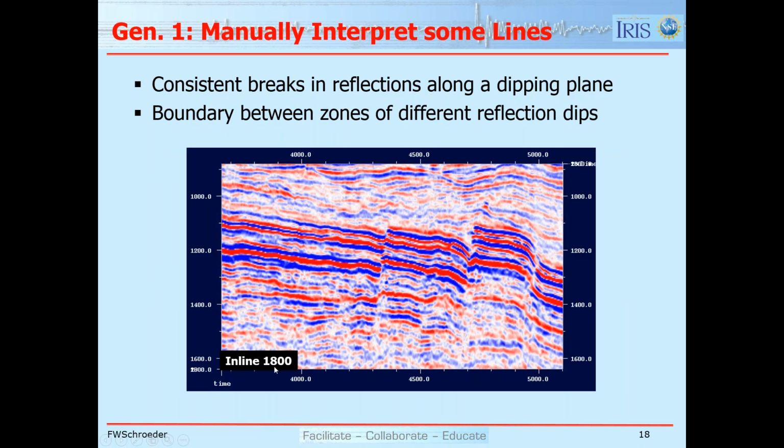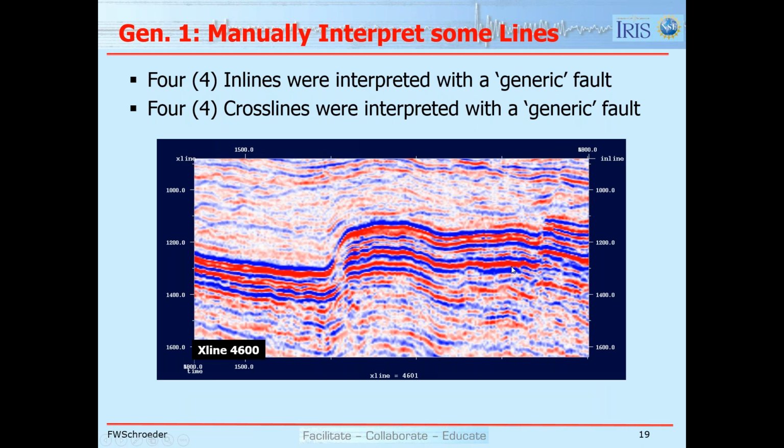So here is an inline 1800. There's some obvious breaks in the reflection patterns there, and a little bit more of a subtle one over here. So for generation 1, I don't worry about breaking out individual faults. I'll use the same generic fault. So fault F with a green color. So I picked 3 different fault segments on this line.